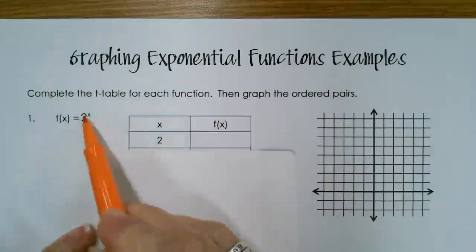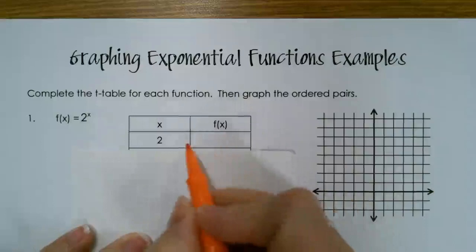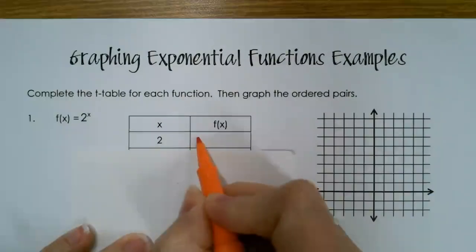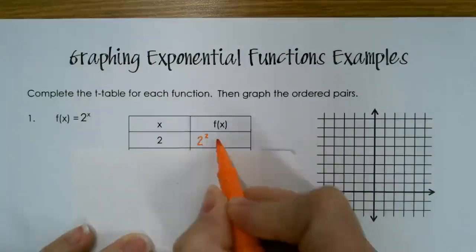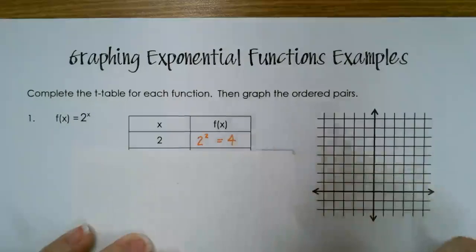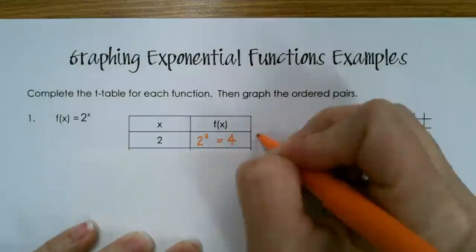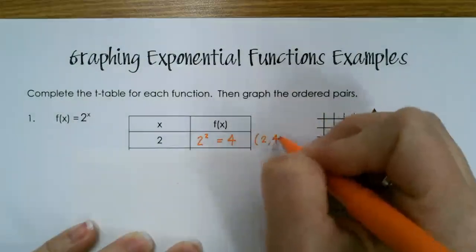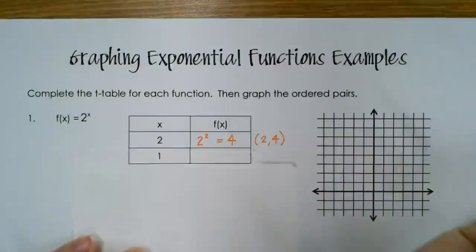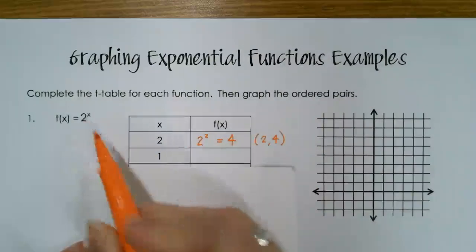So if we fill in the x with 2, that means that we have 2 squared, and 2 squared equals 4. So that right there is our first ordered pair. So we have 2, 4. All right, now we're going to fill in x with 1.